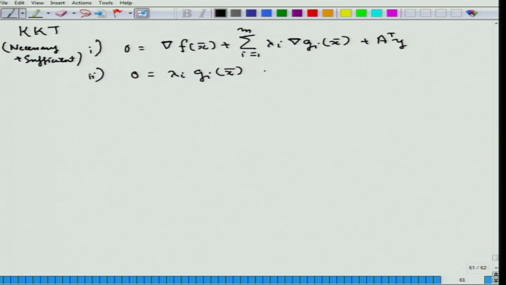So, again you have the complementary slackness condition. What you are trying to say is that whenever g_i(x bar) is strictly less than 0, lambda_i must be 0. So, lambda_i g_i(x bar) is always 0. So, this condition has to be satisfied, which will immediately guarantee that whenever g_i(x bar) is strictly less than 0, lambda_i is equal to 0.